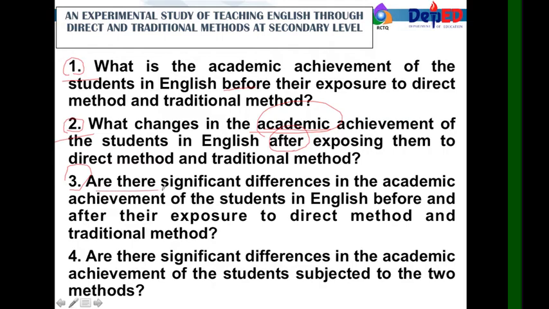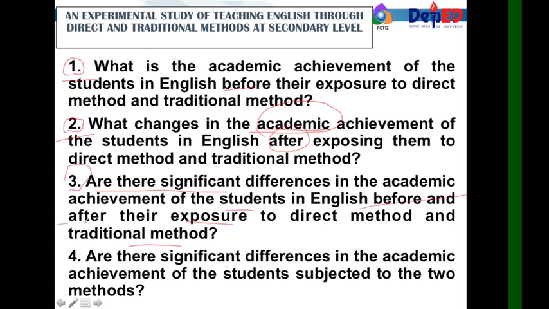Then, sa third question is, is there a significant difference in the academic achievement of the students in English before and after the exposure to direct method and traditional method? So, ang tanong dito is, may significant difference ba or may pinagkaiba ba ang performance ng mga bata sa English before and after?